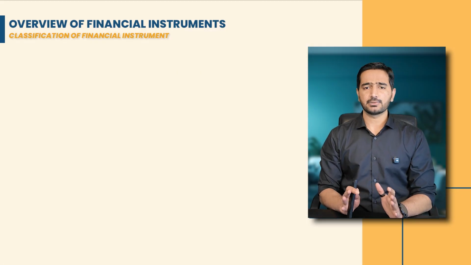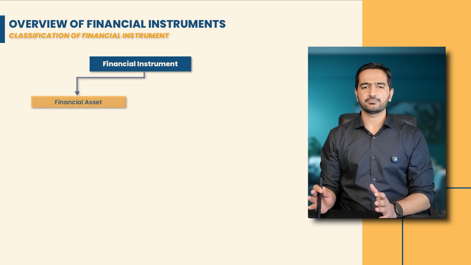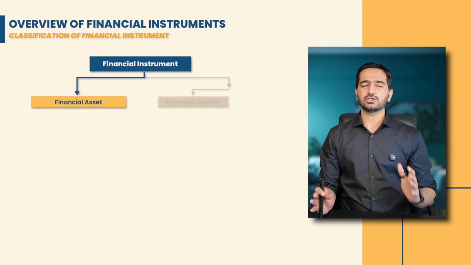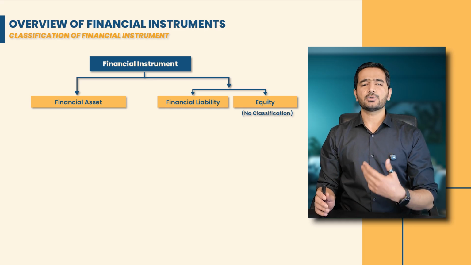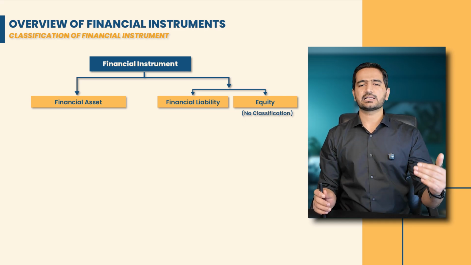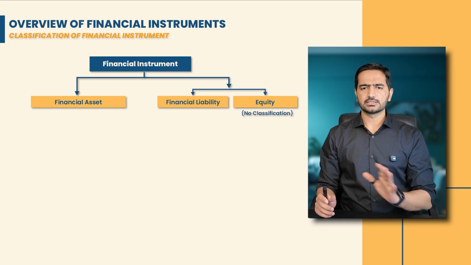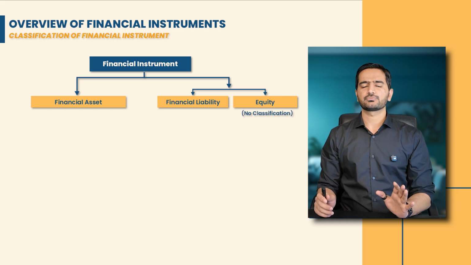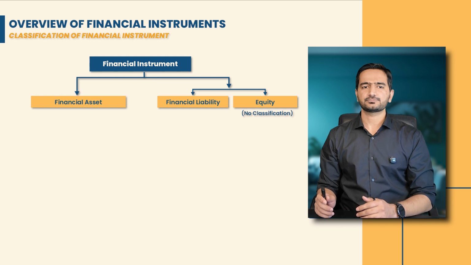First, remember, a financial instrument is a financial asset for one party and a financial liability or equity for the other party. When we talk about classification, we are dealing with two things: classification of financial assets and classification of financial liabilities. For equity, there is no classification to worry about. Equity is equity, full stop. Let me now take each one separately.